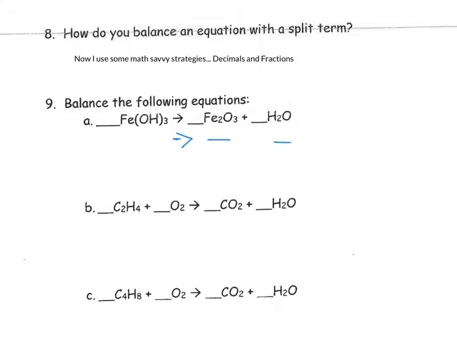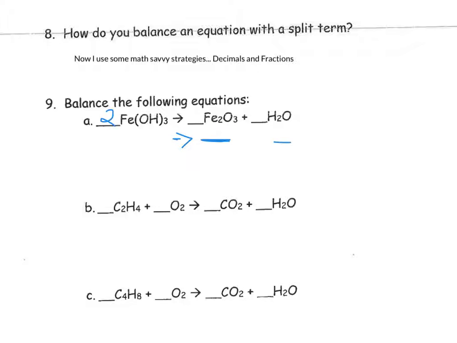Alright, so I like to do just the metal first when I see something like this. There's usually some sort of transition metal that stands out. So I have 2 irons over here, so I need at least 2 over there.